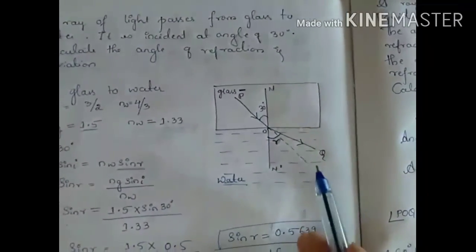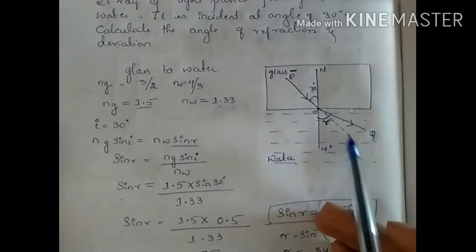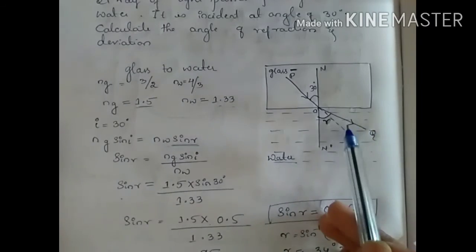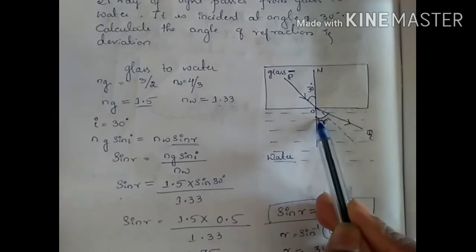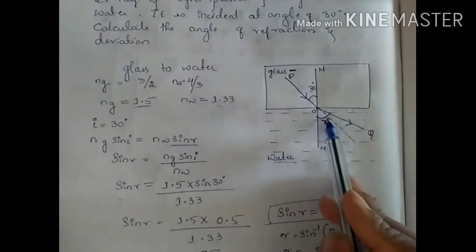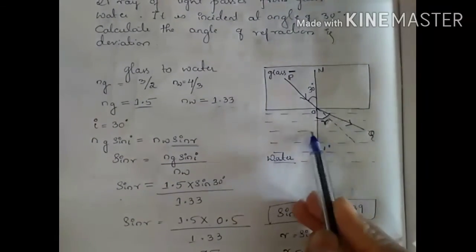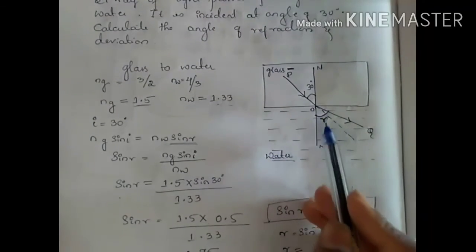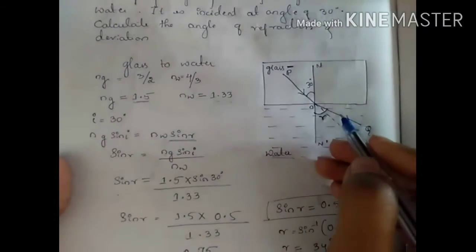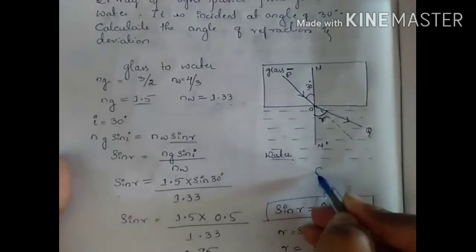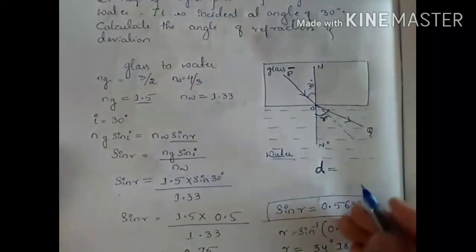Since there is a change in the refractive index of the two media, we can find the deviation of this light ray. So this overall angle is how much? It is r, that is angle of refraction. If you subtract this angle i, then you will get the deviation. So here angle of deviation is equal to r minus i.